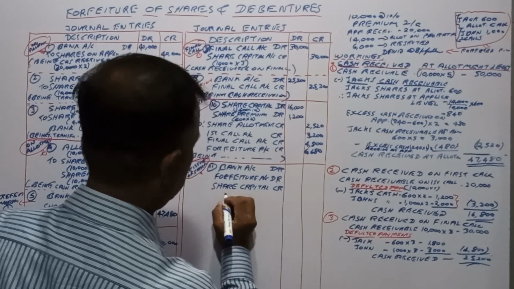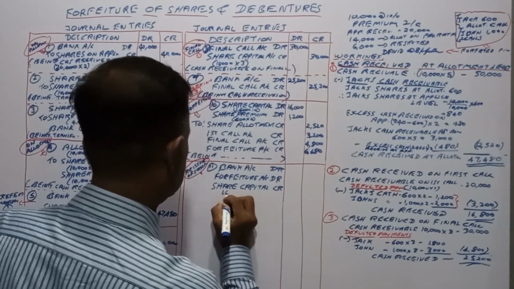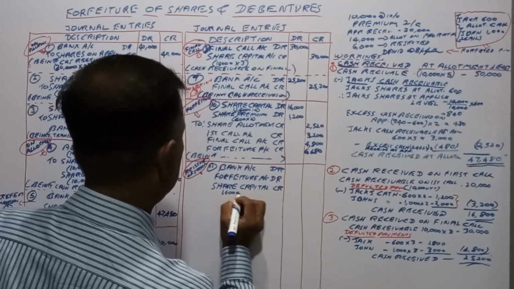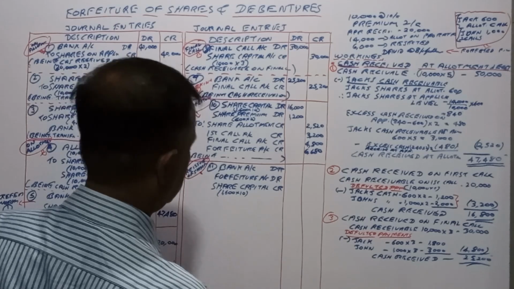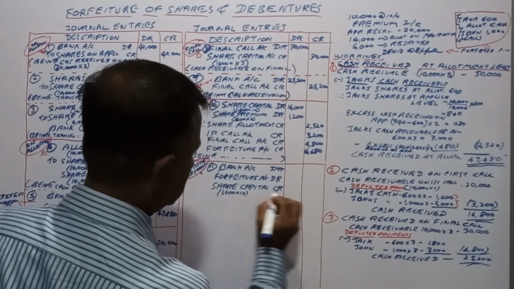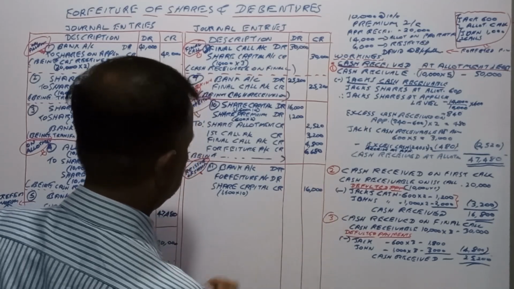Share capital account will always be 1,600 at the rate of 10, that is 16,000. 16,000 is credited to the share capital.